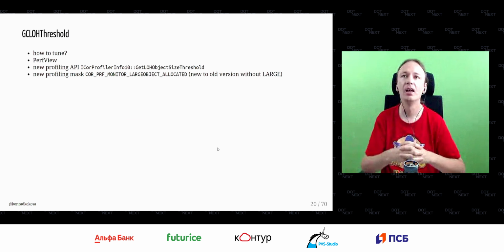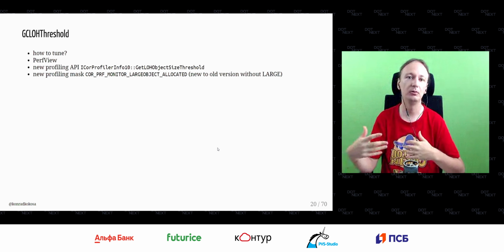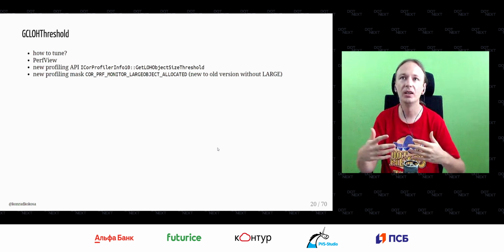Obviously, one could ask in what scenario we can think about using it, and there is no good answer. You need to measure it to see how to tune what is a good number.